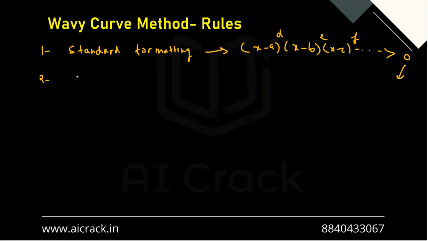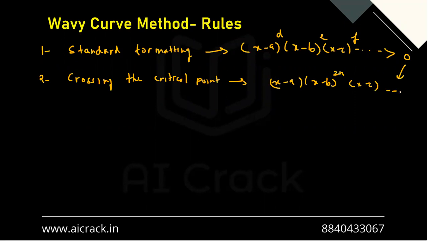Now let's discuss the second major rule, crossing the critical point. This rule says whenever we are crossing a critical point having an even power, let's say the equation is x minus a, x minus b raised to power 2n, x minus c and so on, then whenever we are crossing this even power, we won't be changing the sign.